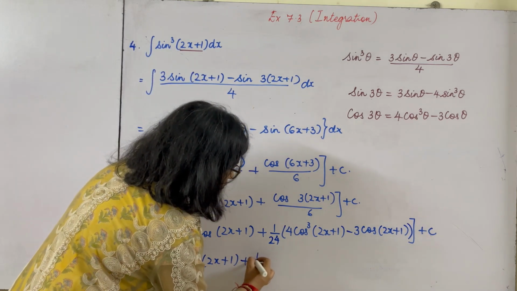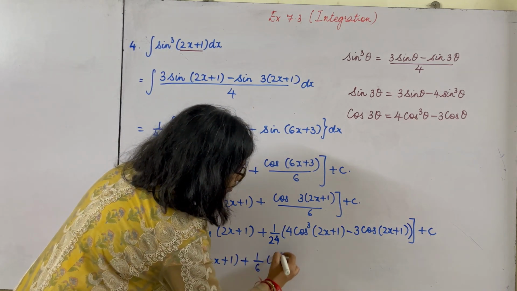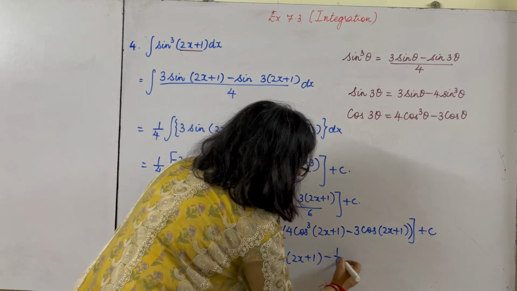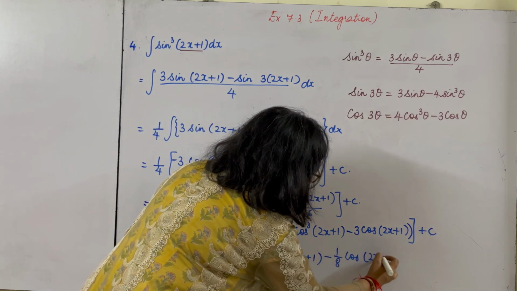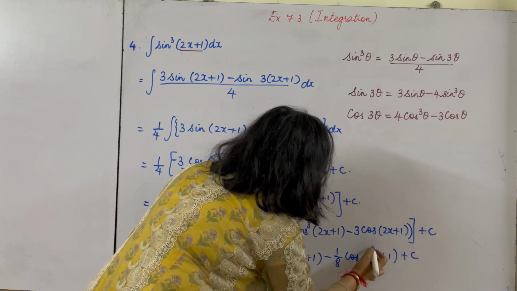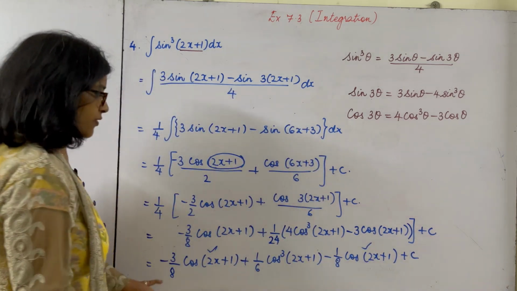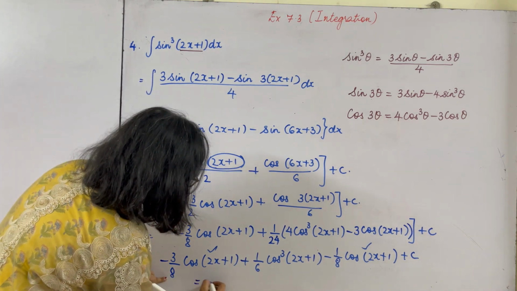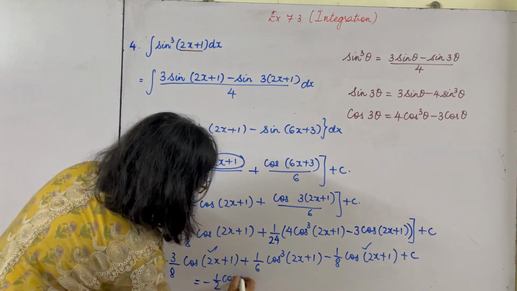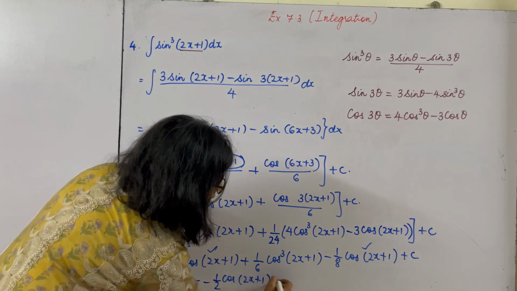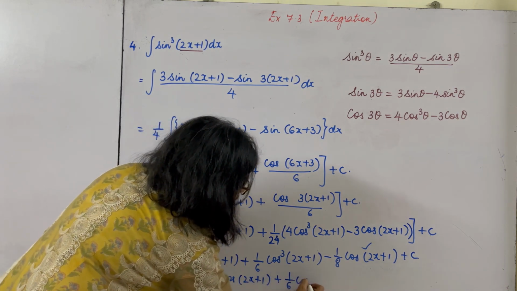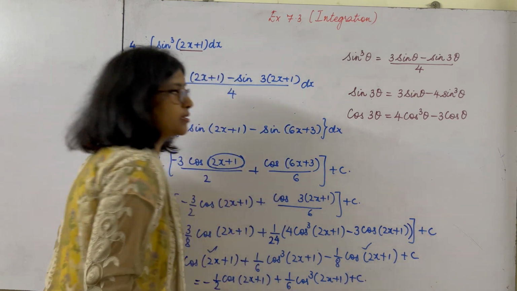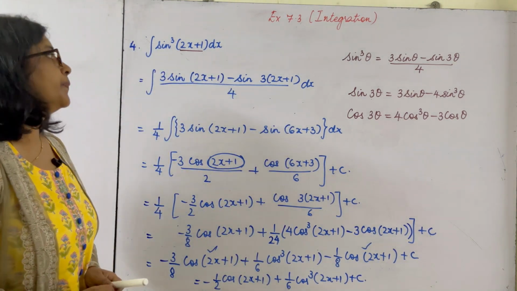So this becomes 1 by 6 cos cube 2x plus 1, 1 by 8 cos 2x plus 1. Now two terms with cos 2x plus 1. Simplify that. It becomes minus 4 by 8, which will be minus half. And this cos cube term is only one term. So that's our answer. That's one way of doing it.